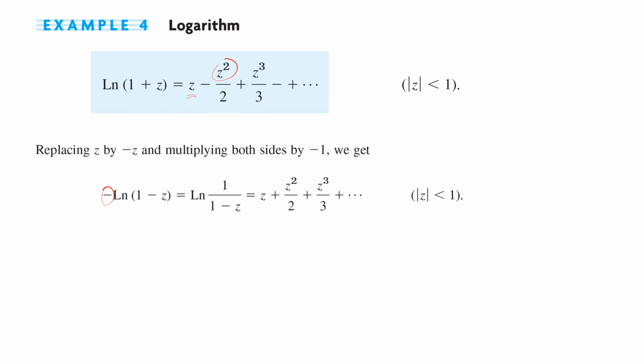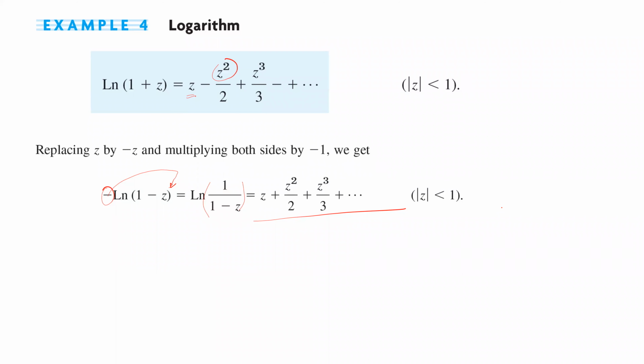So you can take a negative factor out, and it becomes like that, ln of 1 over 1 minus z. You can move this to the power, it becomes ln of (1 minus z) to the power -1, so it becomes like that, and all of them become positive now.